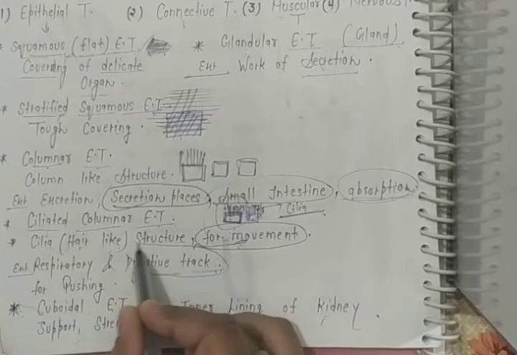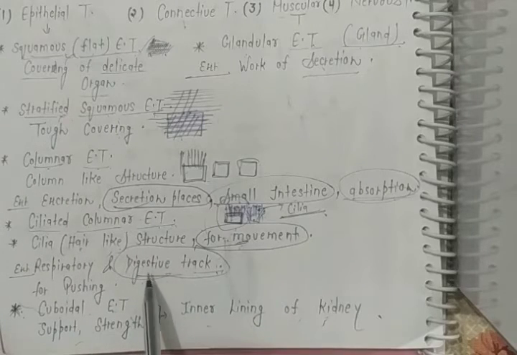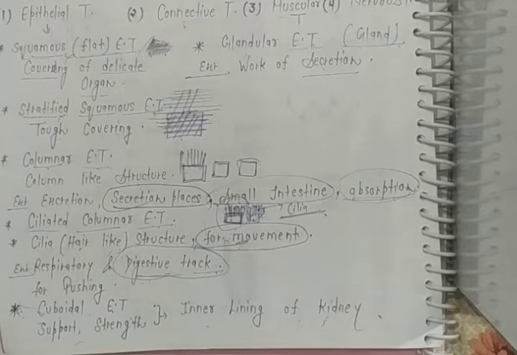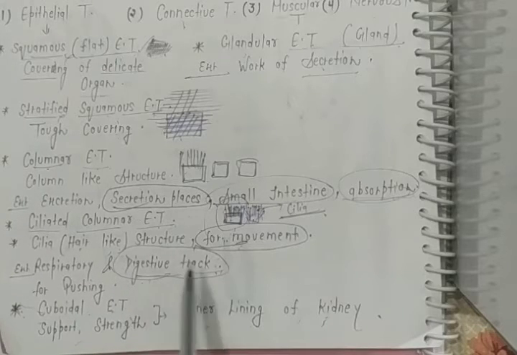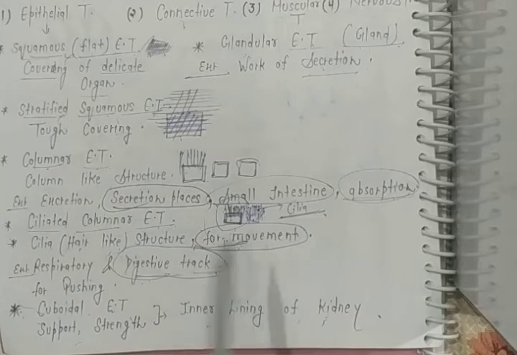And what about the digestive tract? In the digestive tract, pushing of food material is very important. So ciliated columnar epithelial tissues are present in the respiratory and digestive tracts because these are for movement, and movement is very important in both of these tracts.